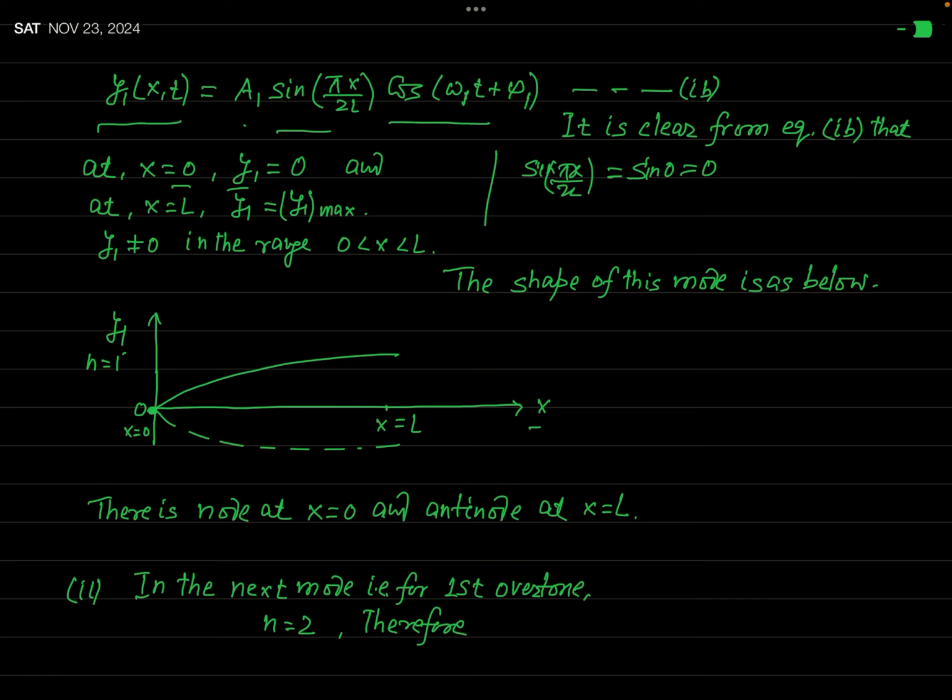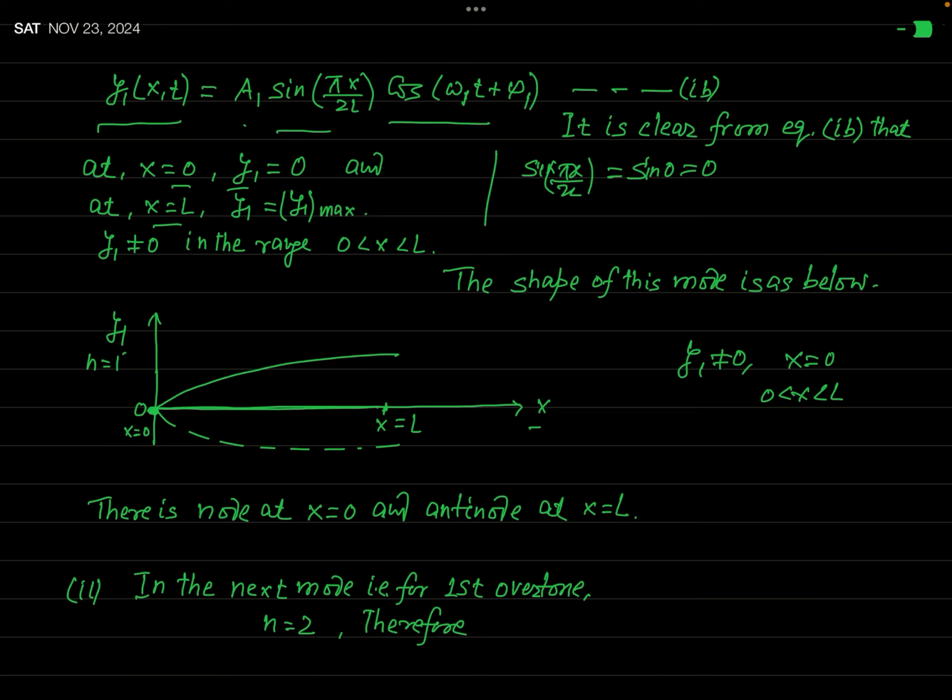Now, you will see that this y1 is not equal to 0 except at the point x equal to 0, in the region 0 less than x less than L. It means on the whole length of the rod, y is 0 only at the fixed end, not at any other point. And when you talk about the other end, that is the free end of the rod, which is lying at x equal to L, what will be y1?